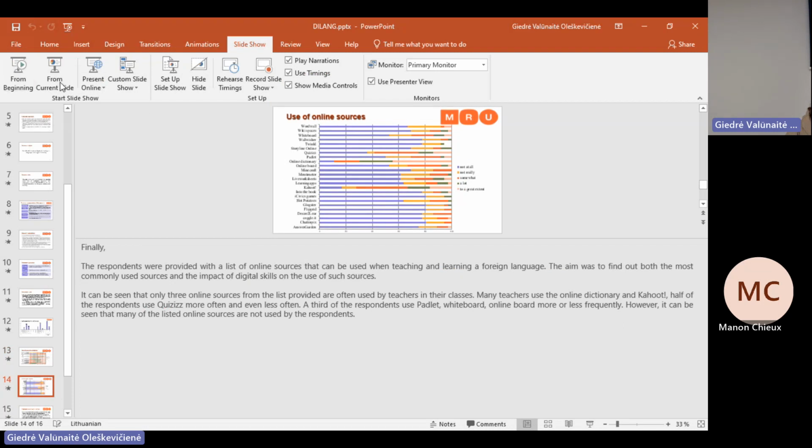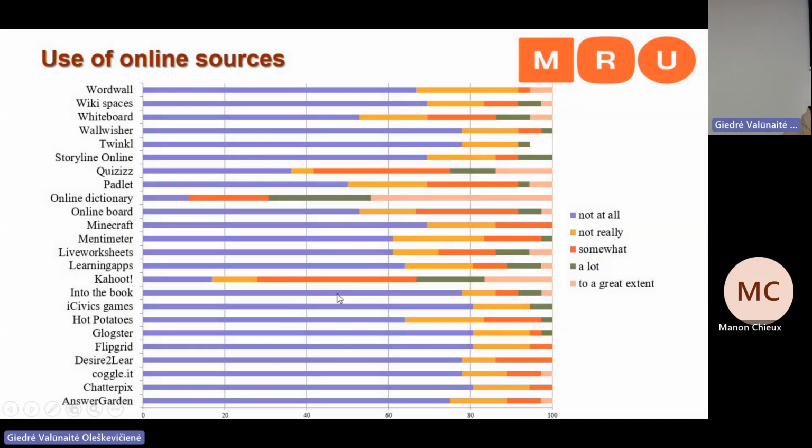We also asked about different online sources with which we were further working in our intellectual output one group. And we asked whether they are familiar with and whether they are using those online sources.